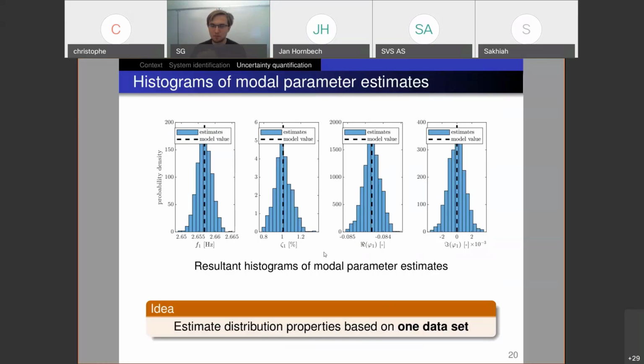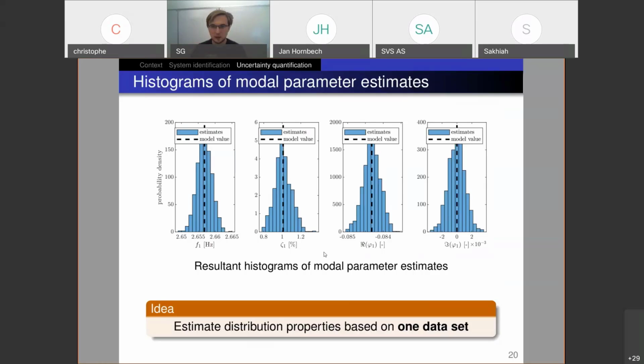So the main first observation from those histograms is the fact that they are all aligned on the true value of the parameter from the model, meaning that on average we are having a good estimate. But we can see that all those histograms vary slightly and result in a distribution of parameters, which resemble the normal distribution.